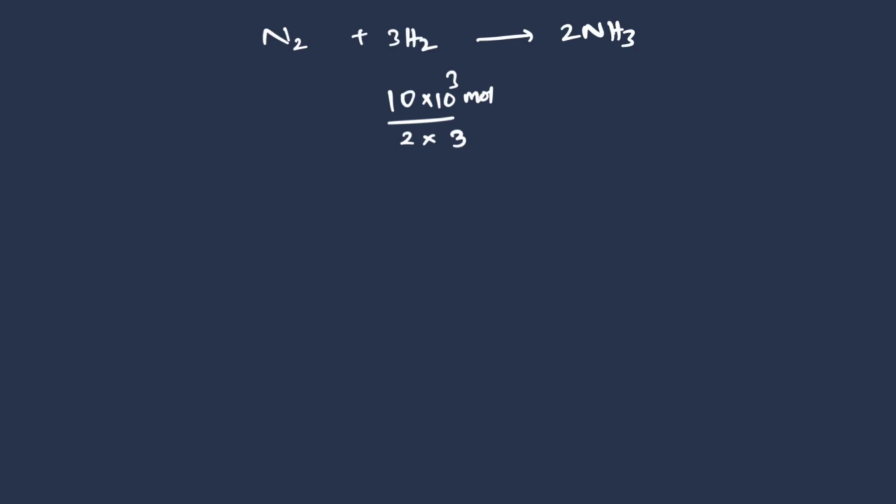Now that is N2 plus 3H2 gives rise to 2NH3. So according to this, we have 10 into 10 power 3 mole by 2 into its stoichiometric coefficient 3, and this number of moles of ammonia equals 3 by 2, where 2 is the stoichiometric coefficient.